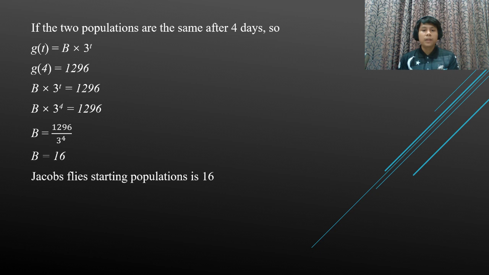So b times 3 to the power of 4 equals 1296. By replacing t with 4 and calculating, we get b equals 16. So Jacob's flies starting population is 16. That's all from me. Thank you very much.